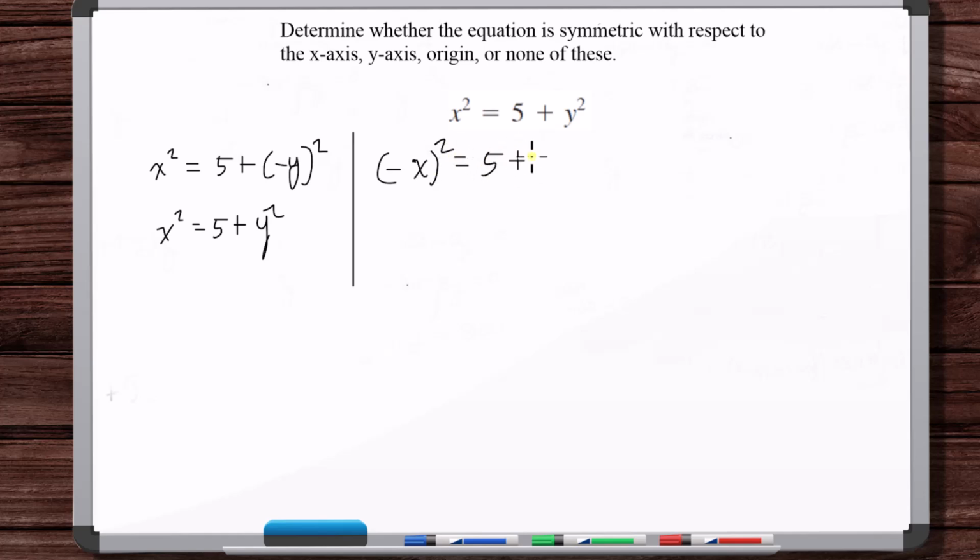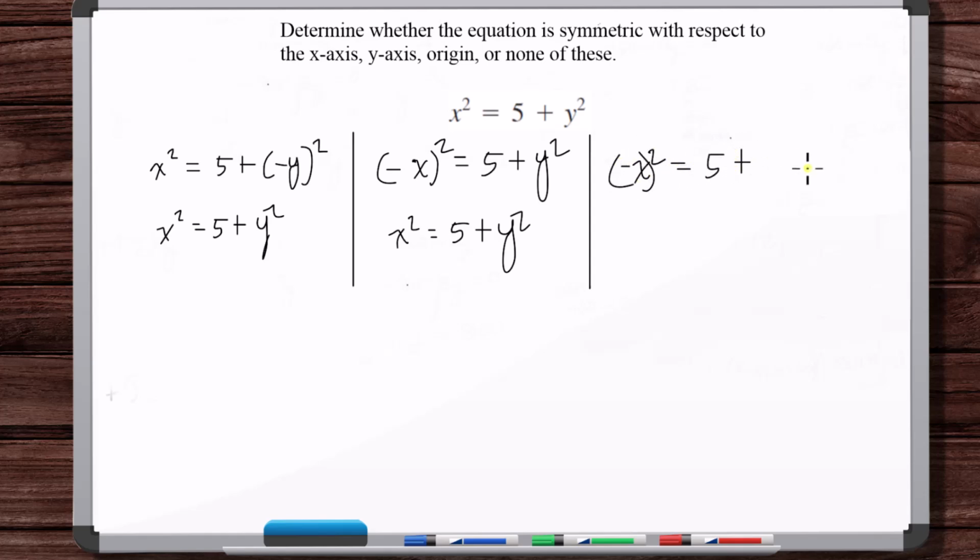Let's check the y-axis. Okay. Yes. And now checking the origin. Yeah, so all three. Now this isn't a circle, I don't think. Let's graph this and see what it is.